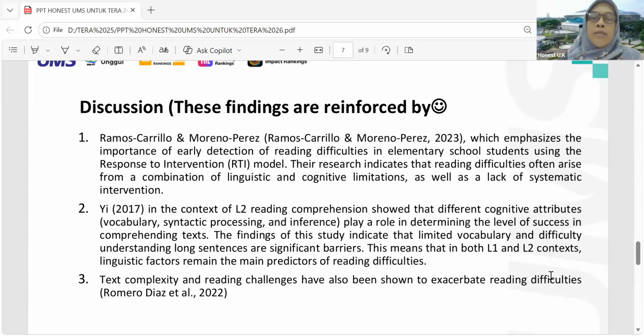Yi stated that in the context of L2 reading comprehension, different cognitive attributes, which are vocabulary, syntactic processing, and inference, play a role in determining the level of success in comprehending text. Romero Diaz also stated that complexity and reading challenges have been shown to exacerbate reading difficulties.